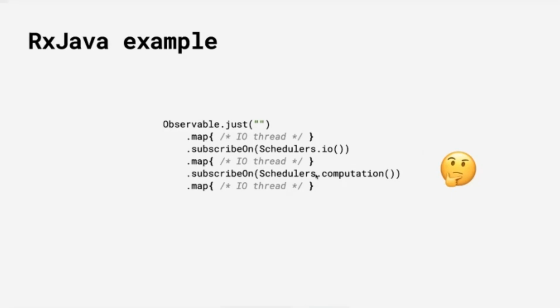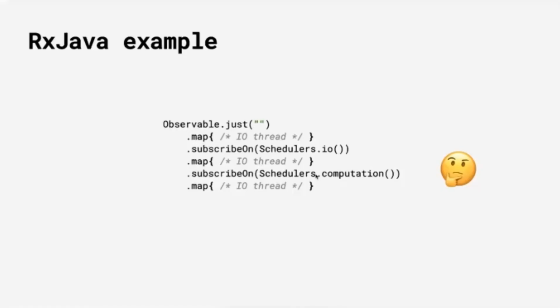So at this point, you might be wondering why and how this is super useful. Compare this to RxJava, where it's super confusing, especially for beginners, to understand which thread their code is going to run on. For example, you have the subscribeOn, which allows you to set the thread as IO, but it also affects downstream and also upstream.